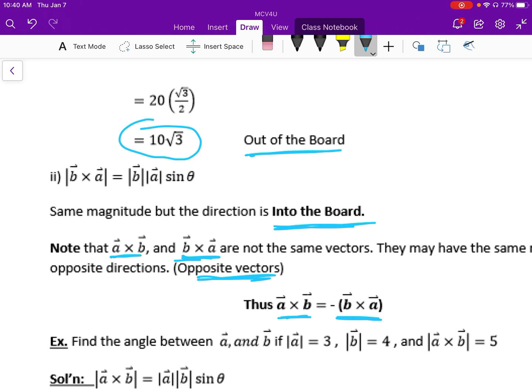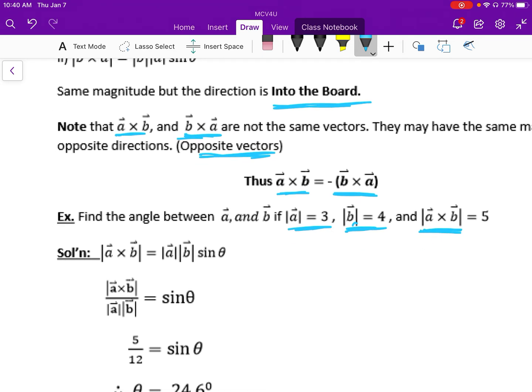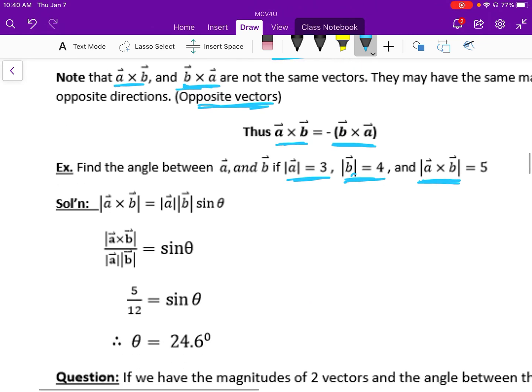However, when you're given the cross product or the magnitude of the cross product with the magnitudes of the others, then just go ahead and deal with the angle using the cross product itself with sine theta as opposed to trying to figure out cos theta. You're already given the magnitude, okay? If you're given maybe the cross product as a vector itself, then you know you can figure out the magnitude of that cross product. Then you use this one here, okay?